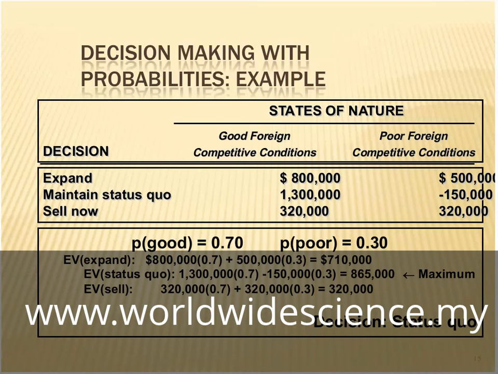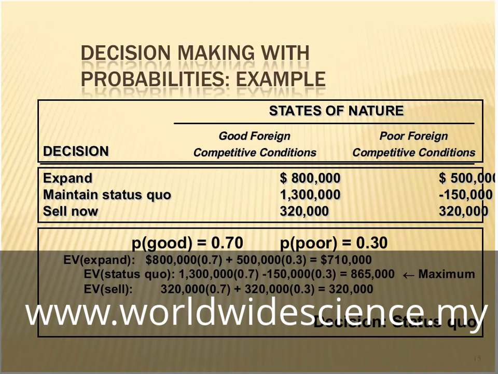Expected value for expand is 800,000 multiplied by 0.7, because the probability of good and competitive conditions is 70%, plus 500,000 multiplied by 0.3, which equals 710,000. Expected value for maintain is 1,300,000 multiplied by 0.7 minus 150,000 multiplied by 0.3, which equals 865,000.